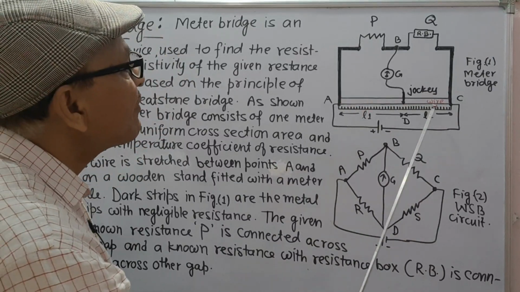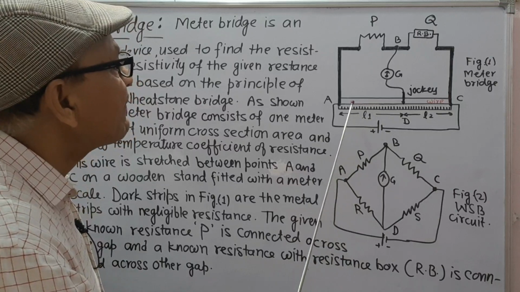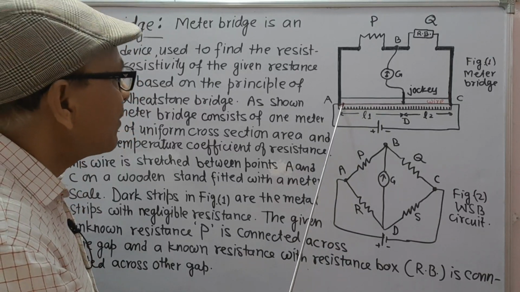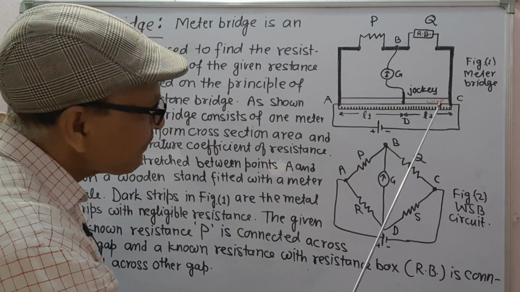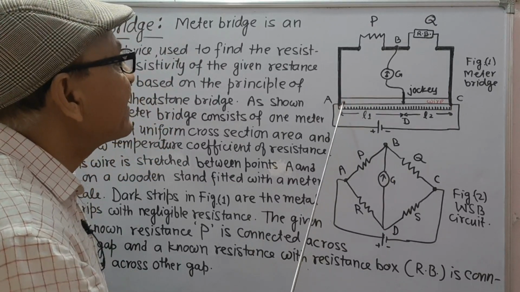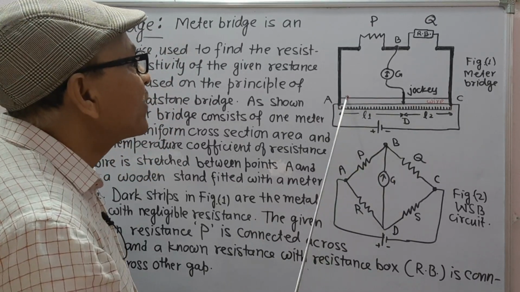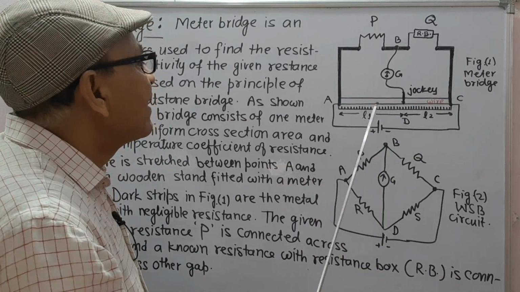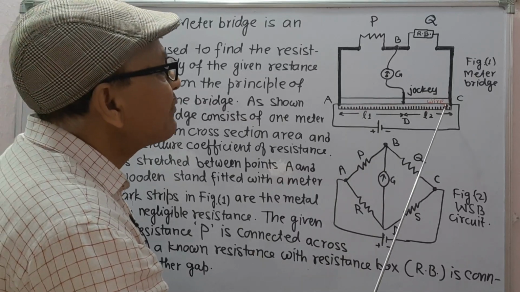This is a metal wire of uniform cross section area and of length 1 meter, fitted on a wooden stand which is provided with a meter scale.